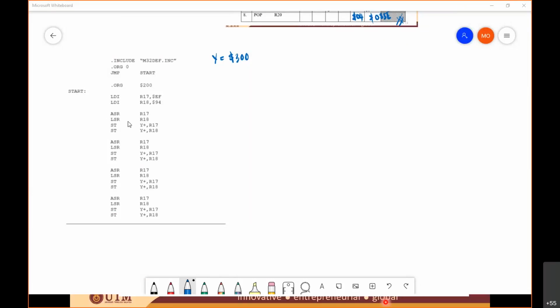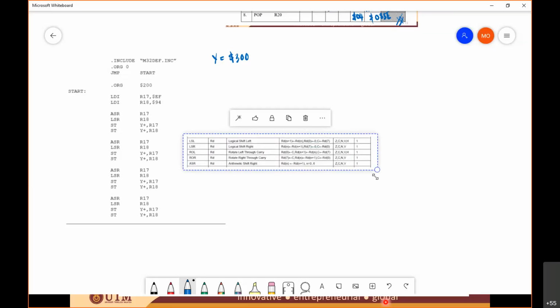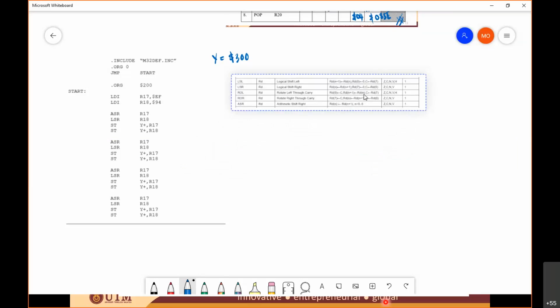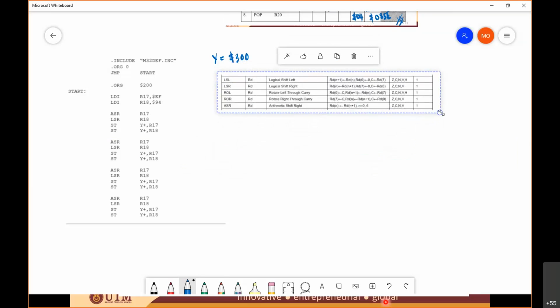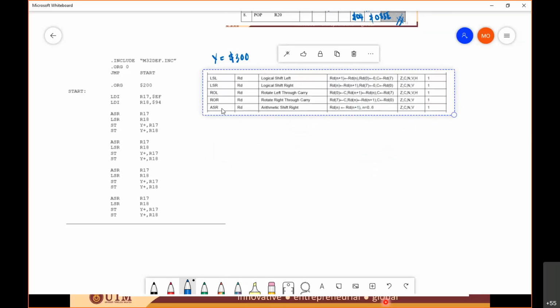For those who don't know how ASR and LSR work, you may find it in the instruction set summary. Find out the ASR and LSR instructions.